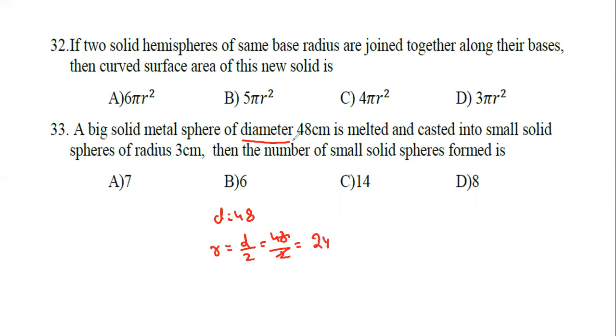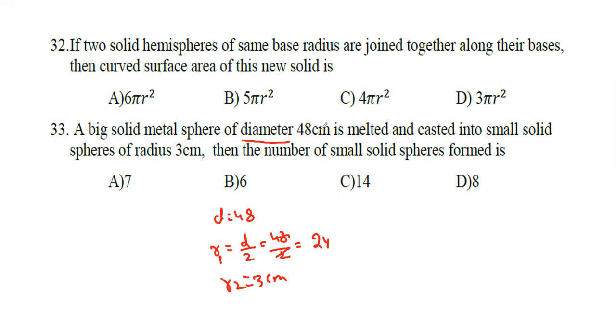So R1 is 24. It is cast into small solid spheres of radius 3 centimeter. R2 is equal to 3 centimeter. Then the number of small solid spheres formed is dash.